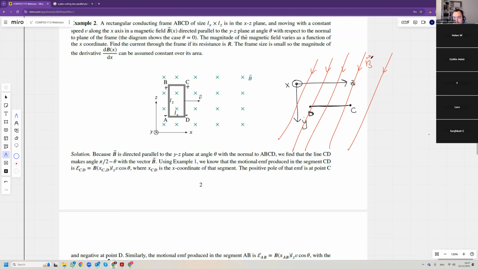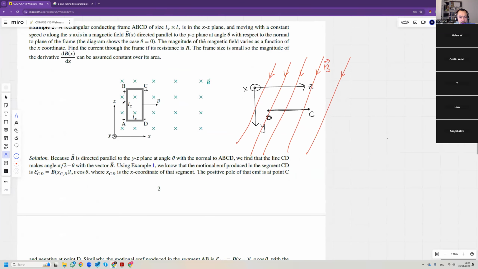B. Now, the angle between the magnetic lines and the normal to the plane of the frame. So this is the normal to the plane of the frame, and this angle is theta.